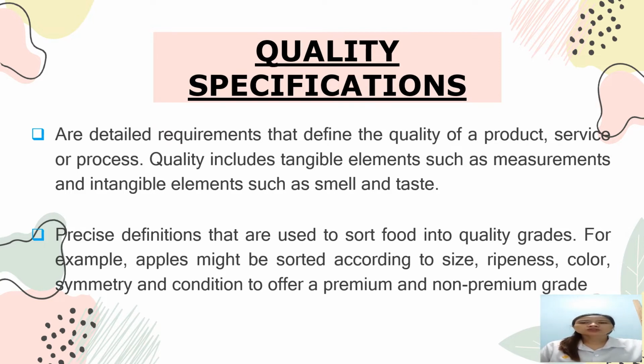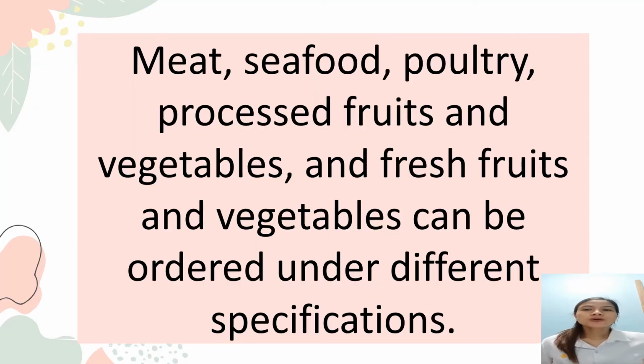They are precise definitions that are used to sort food into quality grades. For example, apples might be sorted according to size, ripeness, color, symmetry, and condition to offer premium and non-premium grades. Meat, seafood, poultry, processed fruits and vegetables, and fresh fruits and vegetables can be ordered under different specifications.